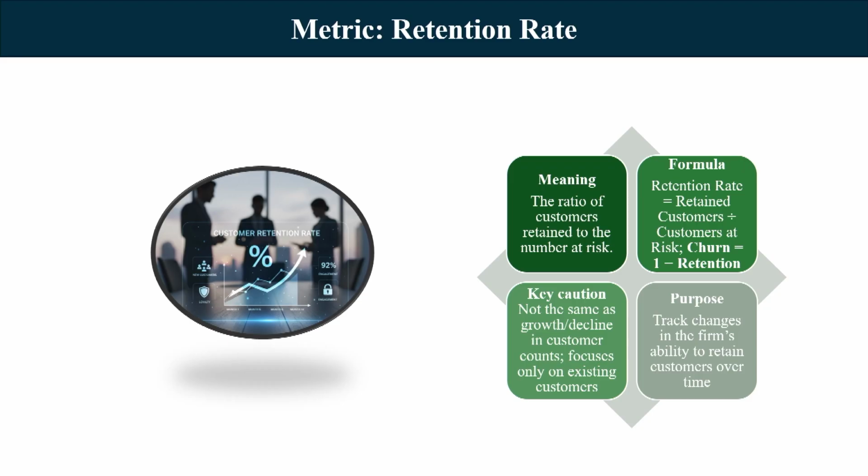Then in that case, what will be my retention rate? Retention rate will be 20 divided by 30. Remember: how many customers at risk have been retained with our company, divided by the total number of customers at risk.